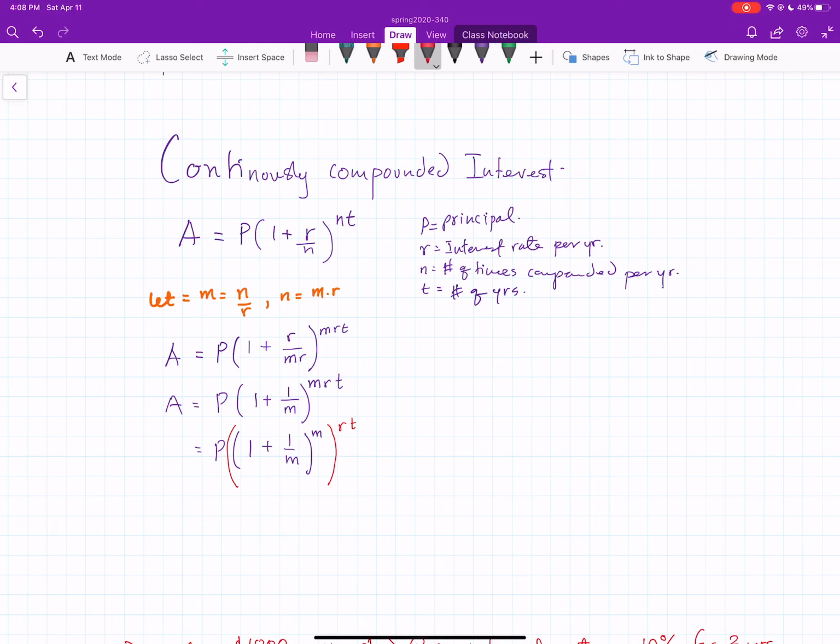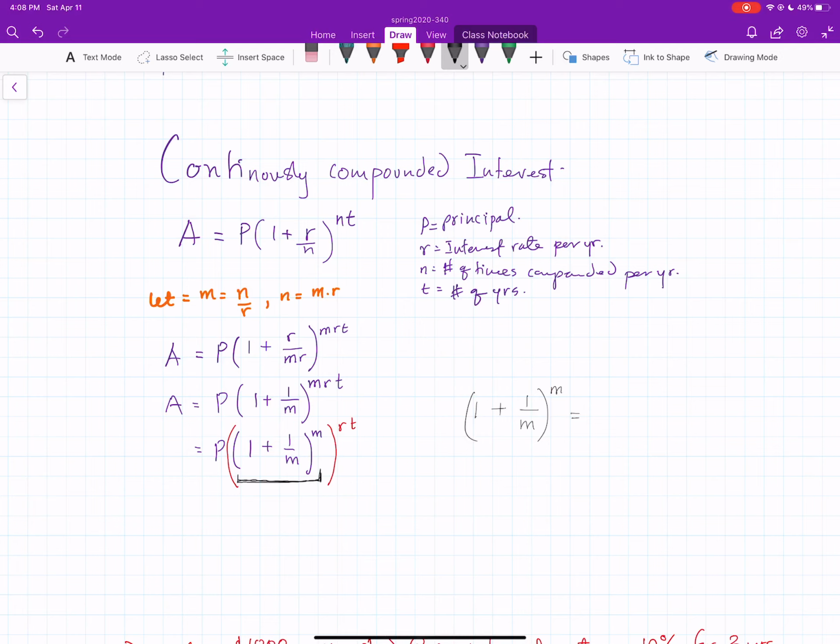Now, let's see if you recognize what is inside the red parentheses.